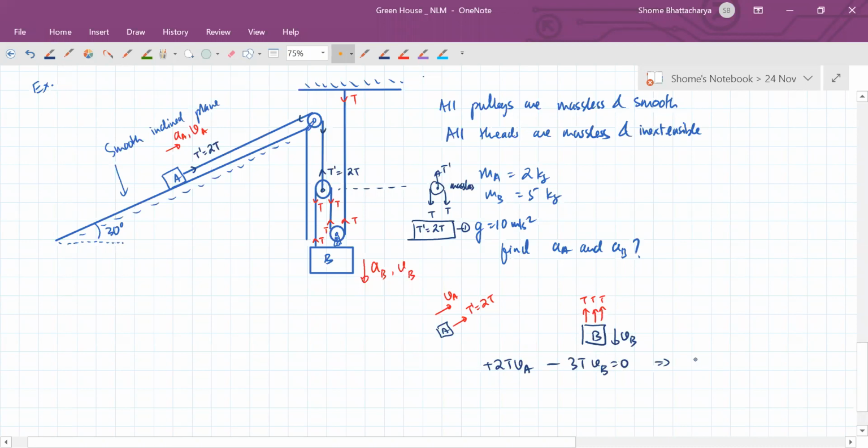So VA is to VB is 3 is to 2. So this becomes our first essential equation.